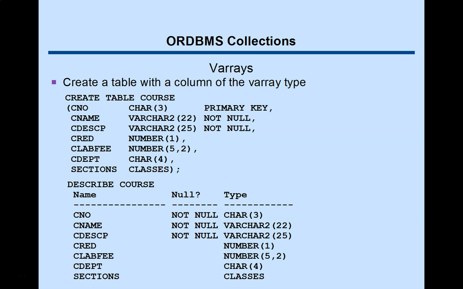Remember that by embedding the collection within this table, the course table serves as the parent table. It will then be necessary to access the course table to obtain the section or schedule information for classes that are being offered for that course.